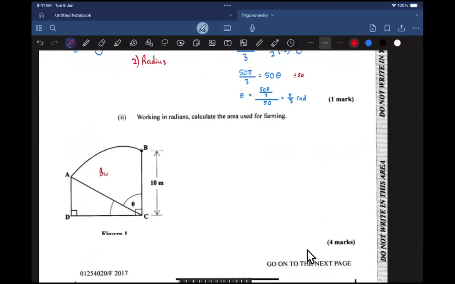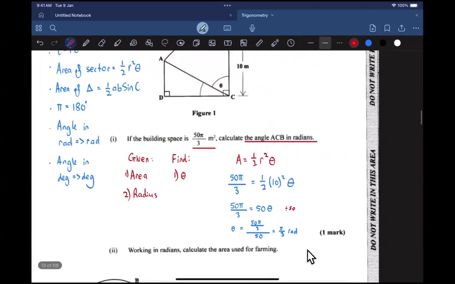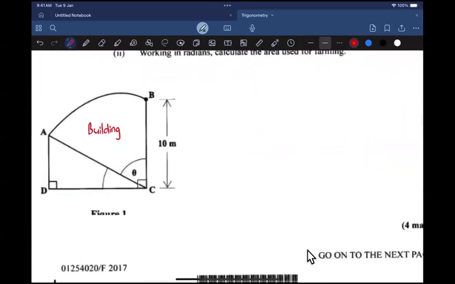And what did we just now find? We just now found the angle for ABC.